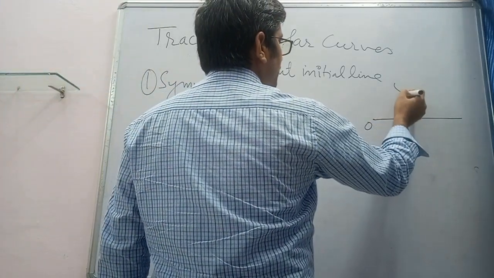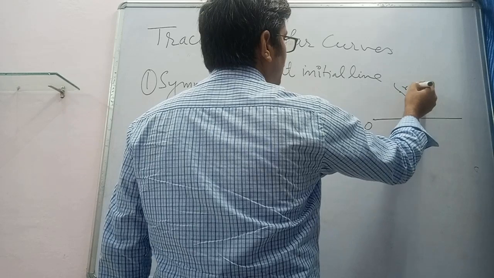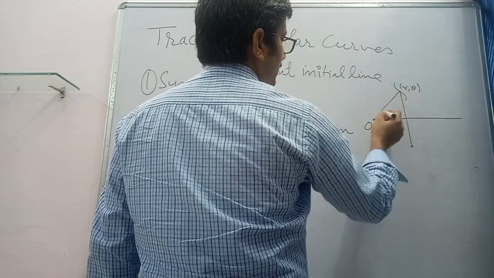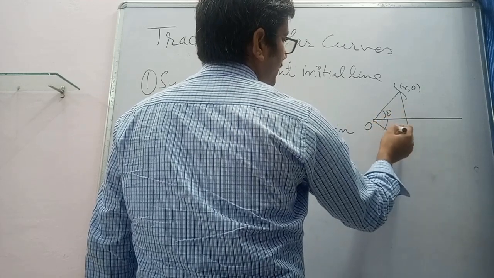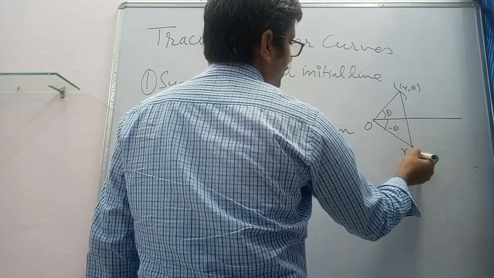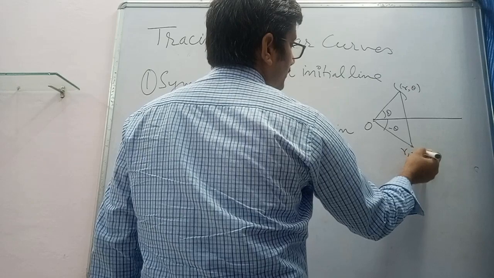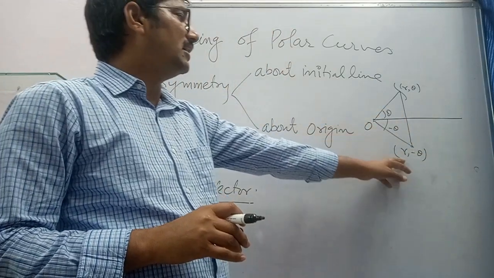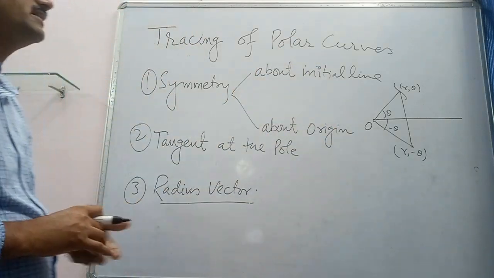So if here we have a point (r, θ) on this curve, we must have a point here, because this angle is θ, so this angle will be −θ, so we must have a point (r, −θ) also there. It means (r, θ) and (r, −θ) both will satisfy the curve.